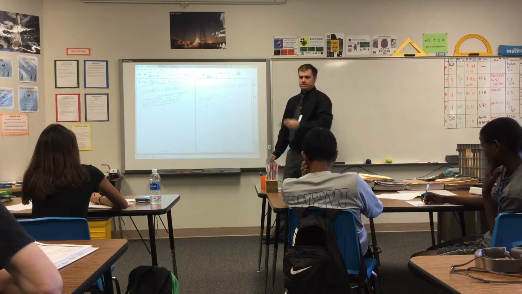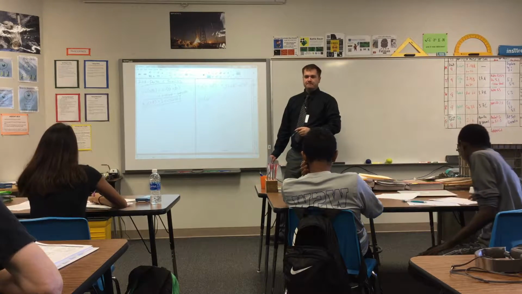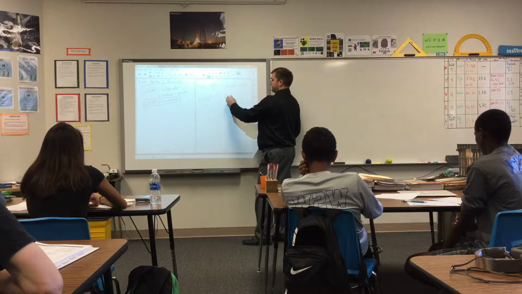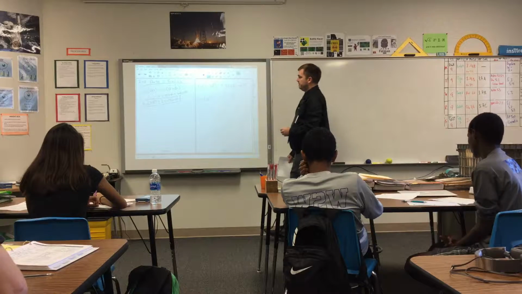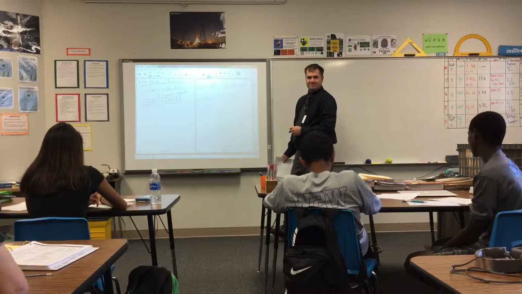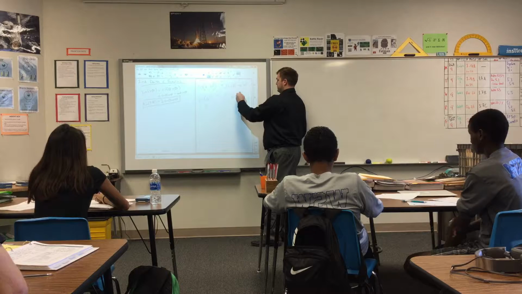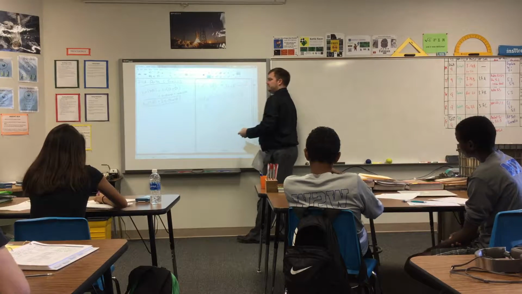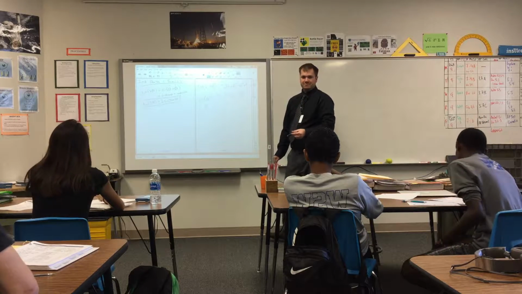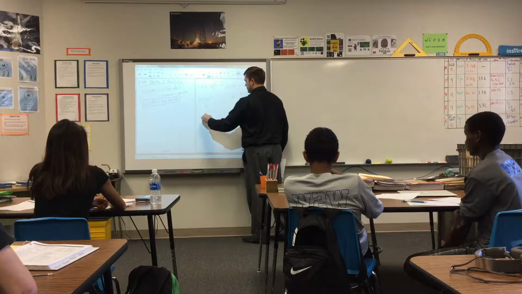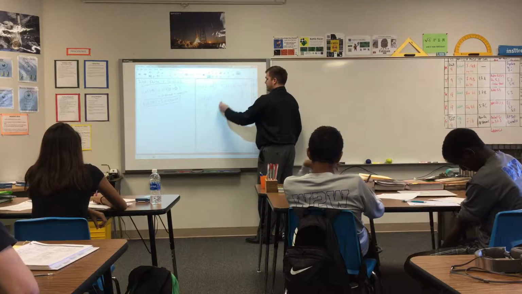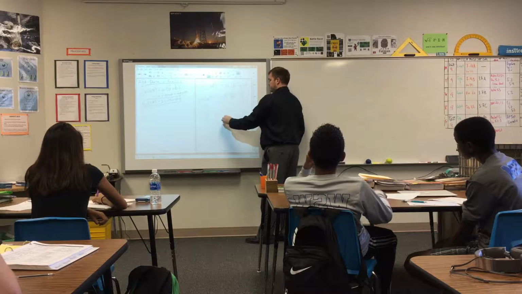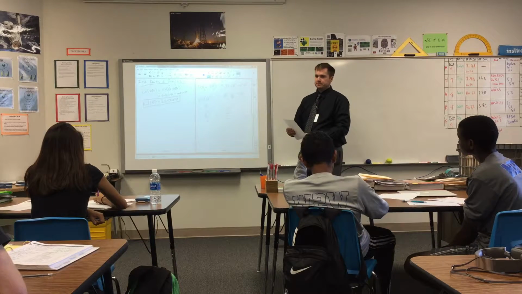What's the sine of 30? Those of you with the trig chart out. Sine of 30 is 1/2. What's cosine 30? Root 3 over 2. What's the sine of 60? Root 3 over 2. So, if you look, 1/2 and the 2 cancel each other out, and we have root 3 over 2 equals root 3 over 2.